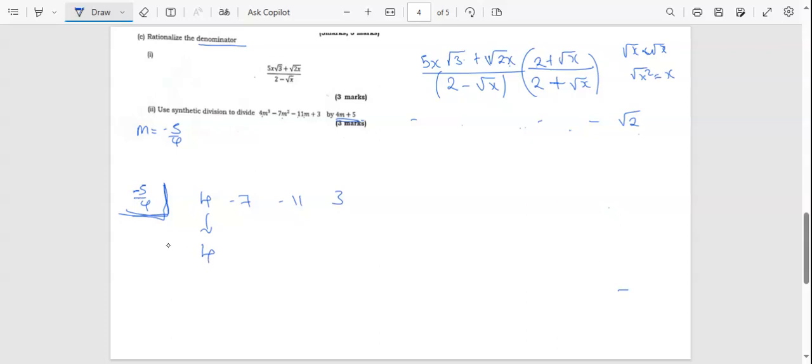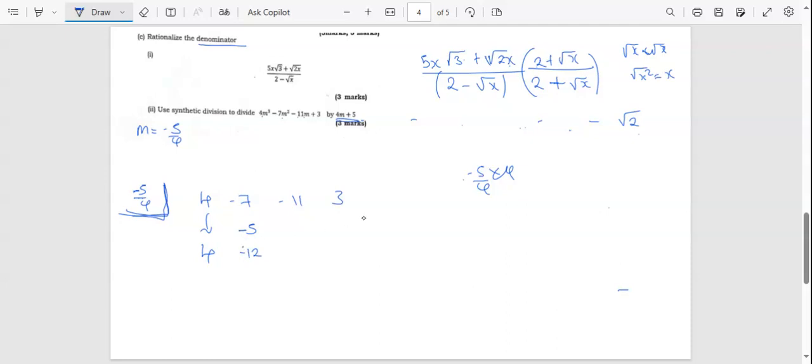So you drop this 4 there, then multiply negative 5 over 4 times 4. That will just give us negative 5. You add that to negative 7, and it will give you negative 12, since they are both negative.